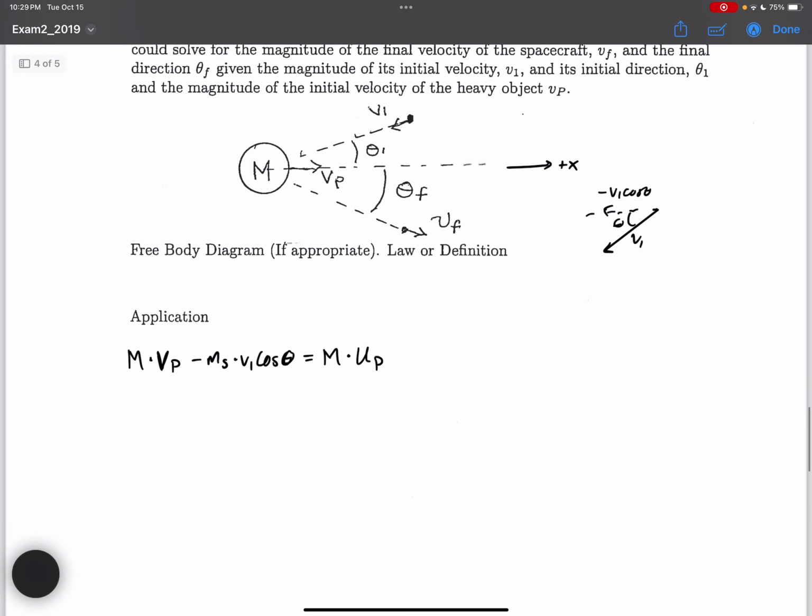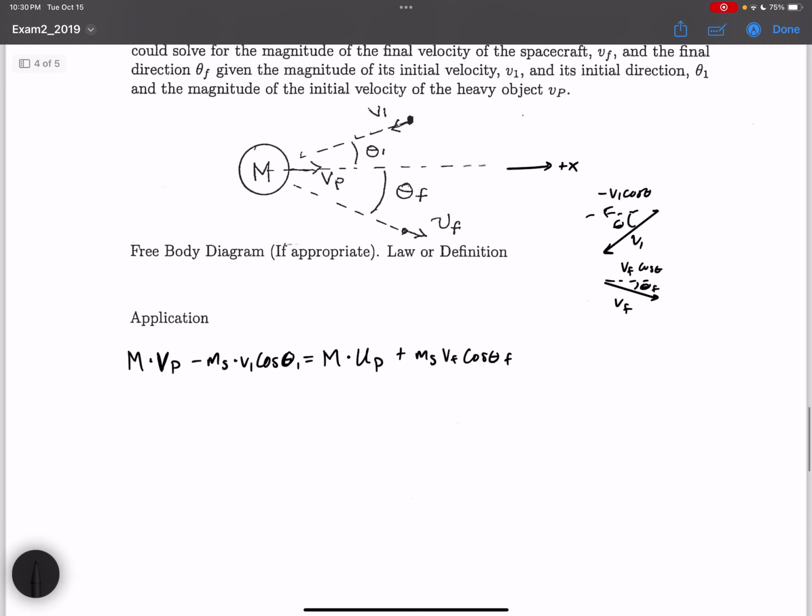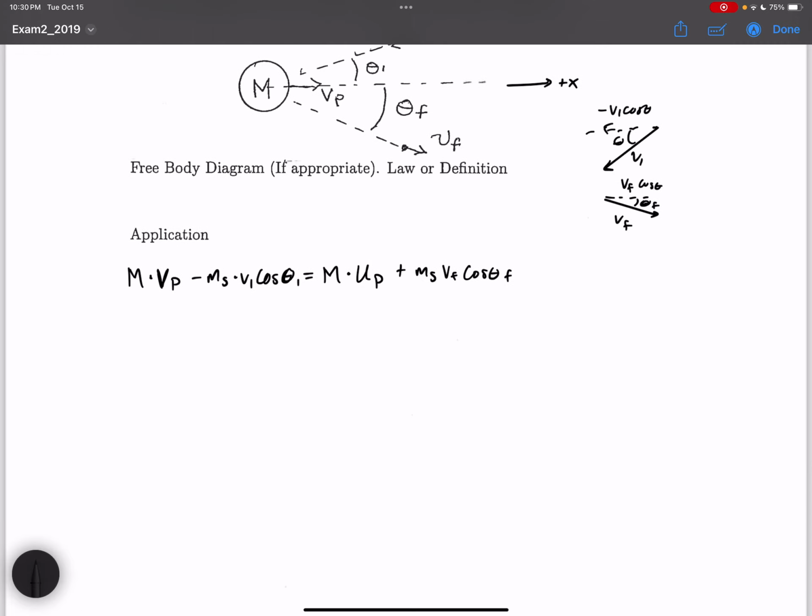And then the new velocity for the smaller object is going to be at this angle theta final, and so its x velocity is going to be Vf cosine of theta final in the positive x direction. Okay, so that's the momentum of the system.